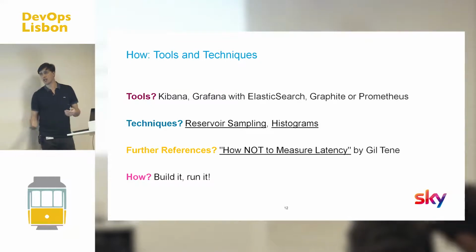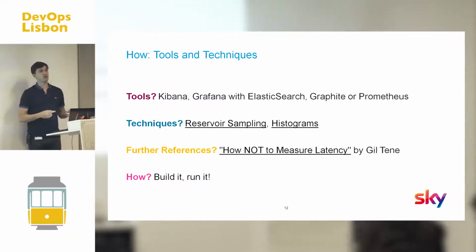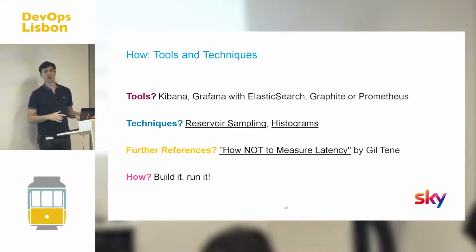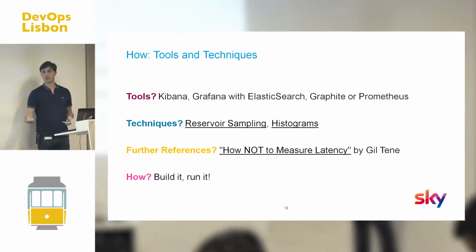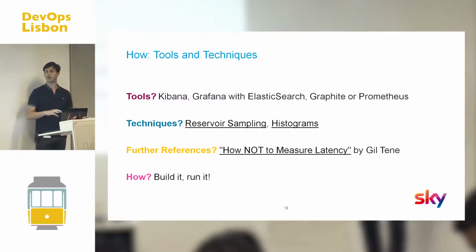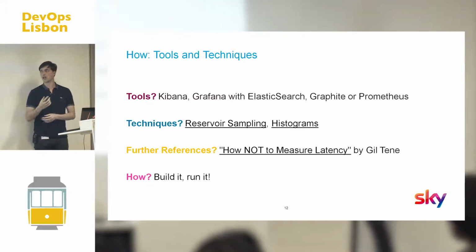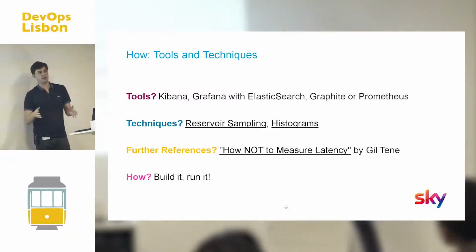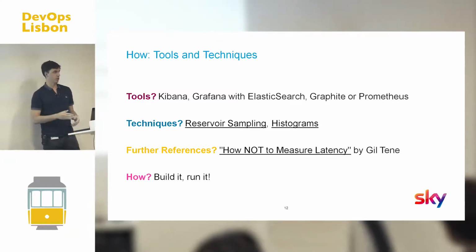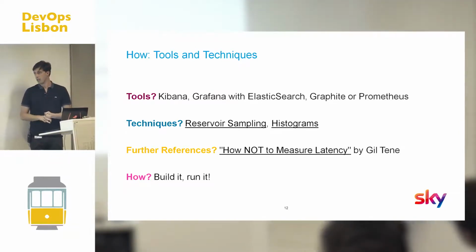Then I just wanted to highlight two techniques because I think it's very useful to know them from the start. Reservoir sampling, which is what Dropwizard uses in most of its implementations for response times, and then histograms, which InfluxDB and Prometheus take big advantage of. It's a smart statistical sampling to understand this without wasting too much memory.